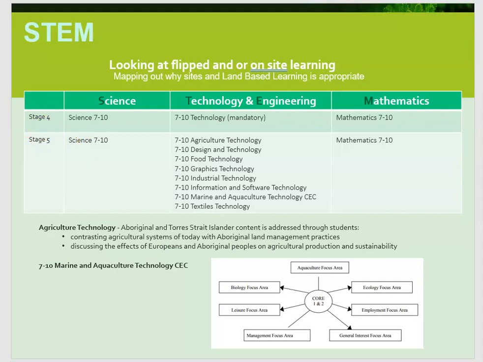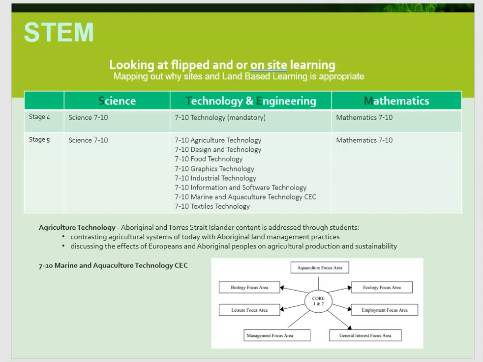In the technology strands and the engineering strands, you can see that we have many different syllabus documents. In mathematics, as like science, we just have the single syllabus. However, when we move into some of the more elective areas, we certainly see agricultural technology.